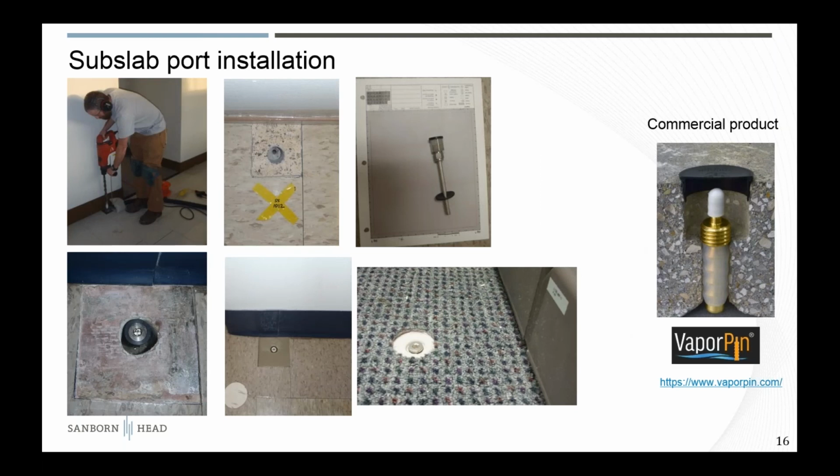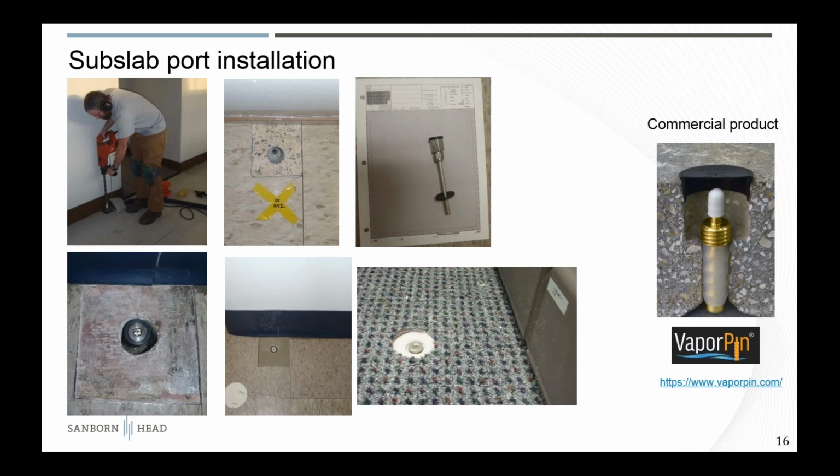So one of the most useful tools in the VI world is the hammer drill. No one should be doing VI investigations without one. So you're drilling through the slab. Make sure you're doing utility clearance before you do that. And then you're inserting your hardware. This is a kind of a Swagelok setup, compression fittings. And the nice thing about this is they can be set flush with the slab, and with some, this is Porrock, I believe, that allows you to have a nice clean flush surface there.